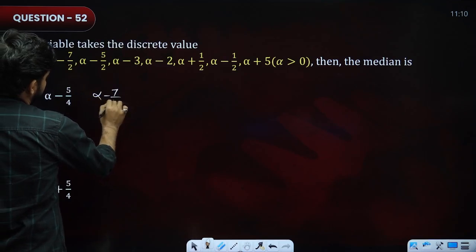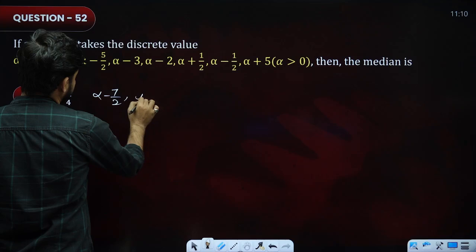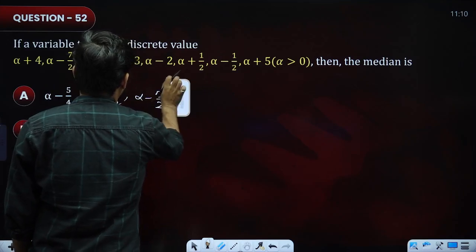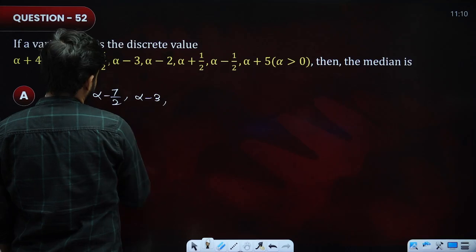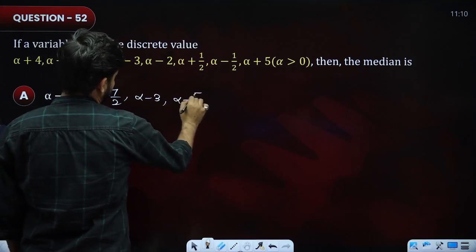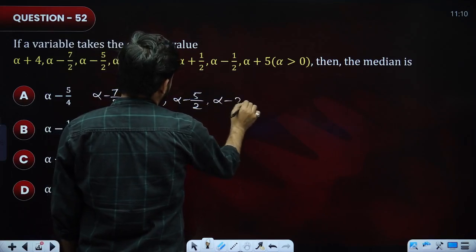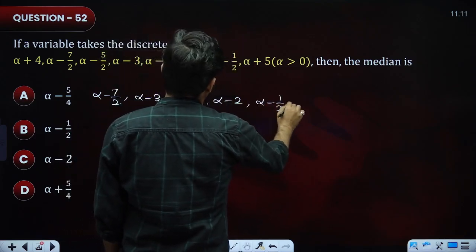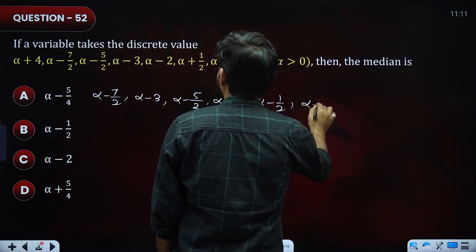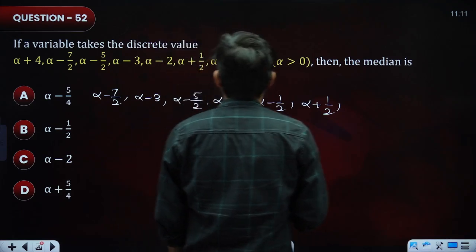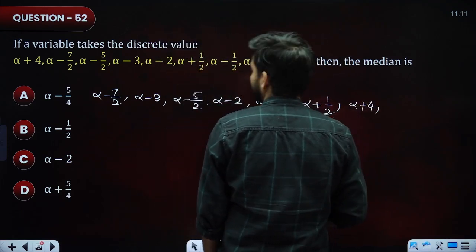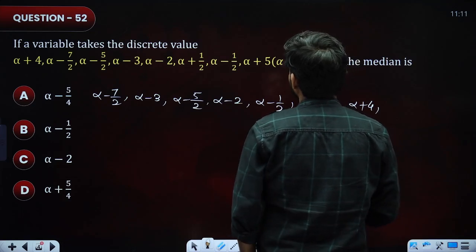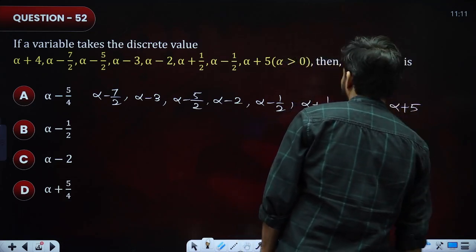So we have alpha minus 7 by 2, alpha minus 3, then alpha minus 5 by 2, then alpha minus 2, after that alpha minus 1 by 2, and after that alpha plus 1 by 2, alpha plus 4, and alpha plus 5 over here.